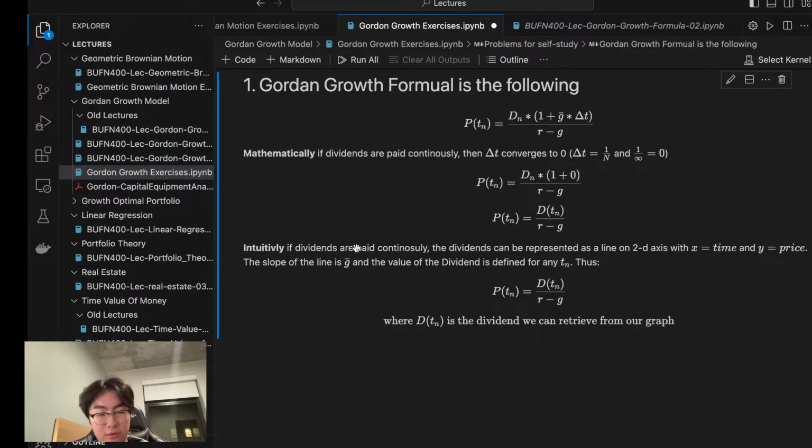And intuitively, if dividends are paid continuously, the dividends can be represented as a line on a 2D axis with x equals time, y equals price. The slope of the line is g bar.